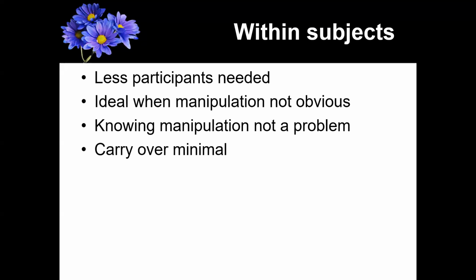On the other hand, let's say you come across something you want to manipulate where them knowing what's going on is a problem. That's often the case in a lot of social psych experiments rather than cognitive. So let's say you were looking at something to do with discrimination, and you had them interview a job applicant, and say it was a man versus a woman.